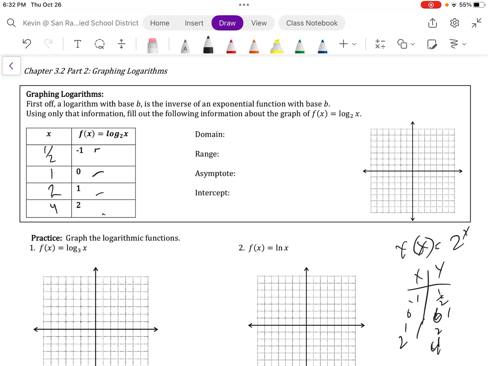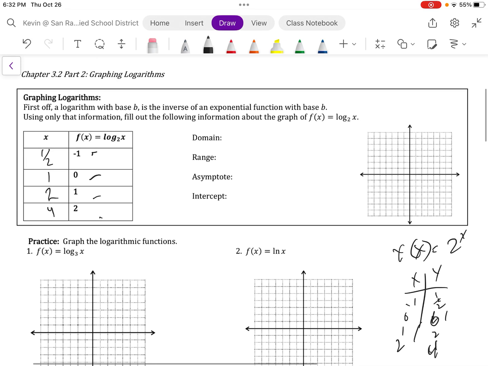And let's plot those points. We have, if x is 1 half, f of x is negative 1. It's right there. And if x is 1, this is at 0. And x is at 2, we're at 1, and x is at 4, we're at 2.